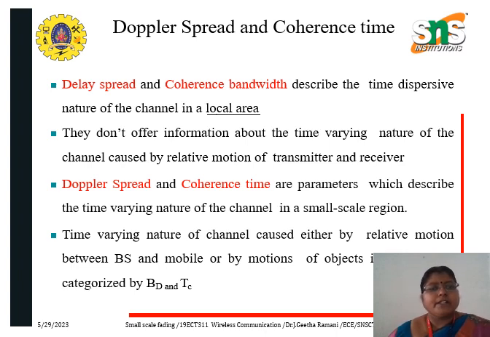So delay spread and coherence bandwidth describe the time dispersive nature of the channel. They don't offer any information about the time varying nature of the channel. Whereas Doppler spread and coherence time are the parameters that describe the time varying nature of the channel in a small scale region.